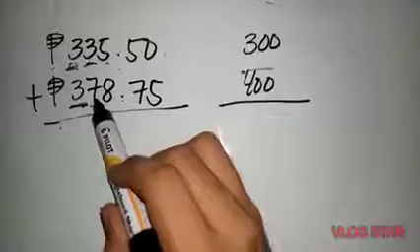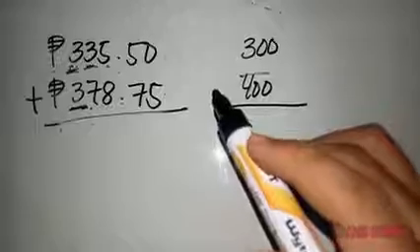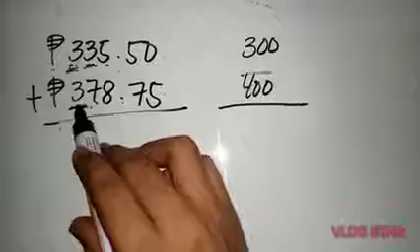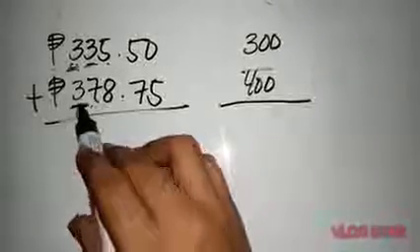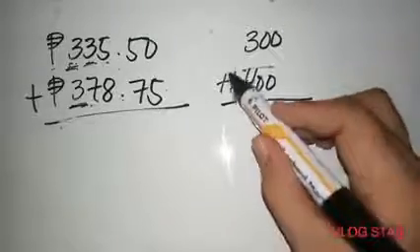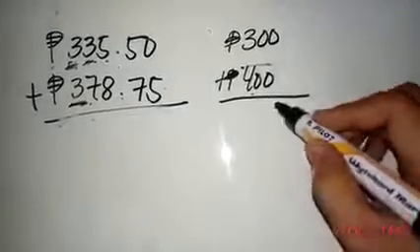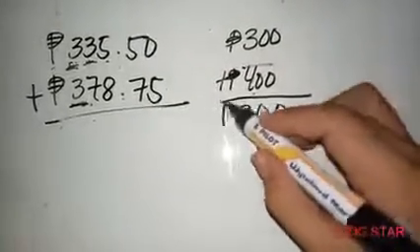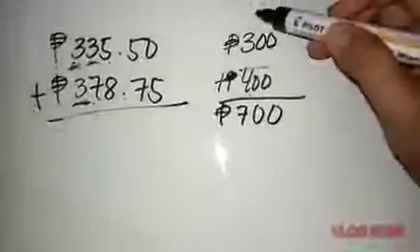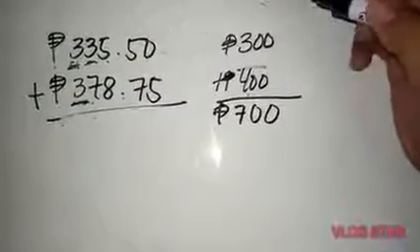And here, the next digit to 3 is 7, which is 5 or greater than 5, so you will add 1 to the digit that you will round. So it will become 400. So if we add, 700 pesos.